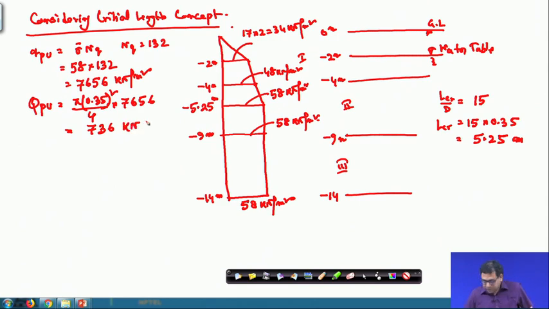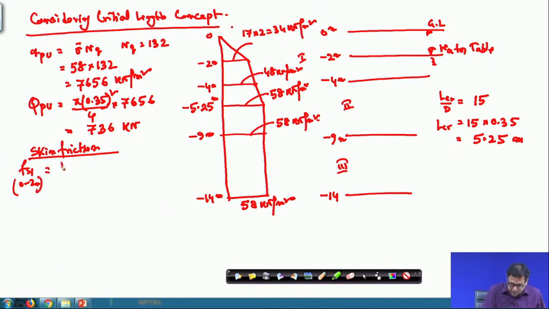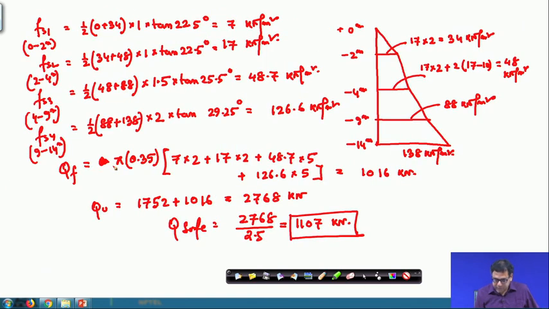Okay. So, now I will calculate the friction part. So, first the skin friction. First FS1 that I am calculating from 0 to 2 meter, which is again half into 0 plus 34. The k value for this portion will not change.